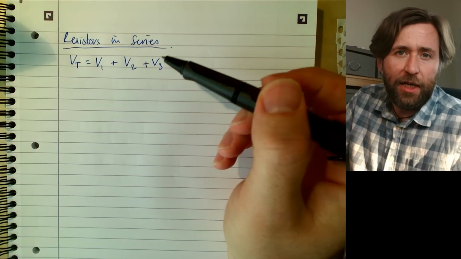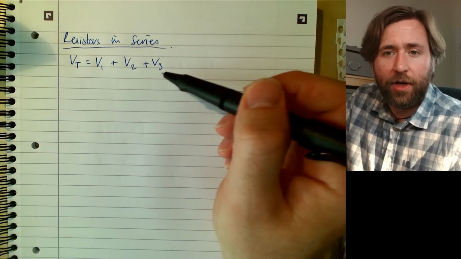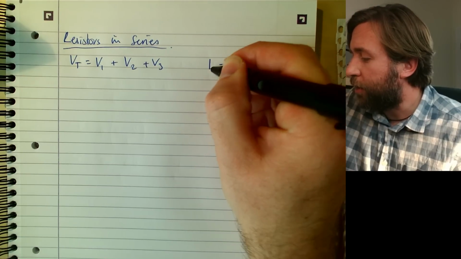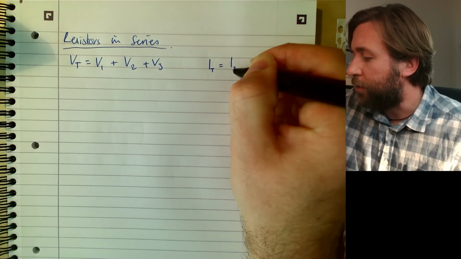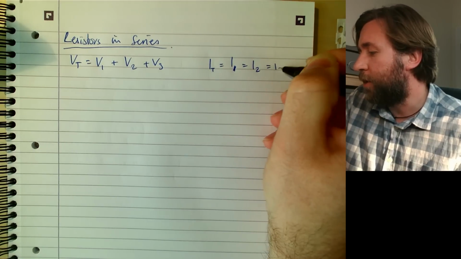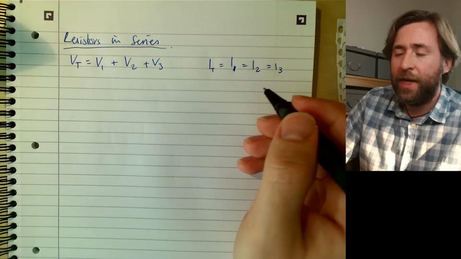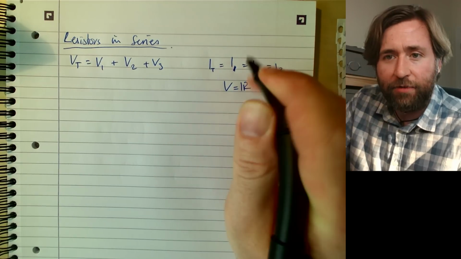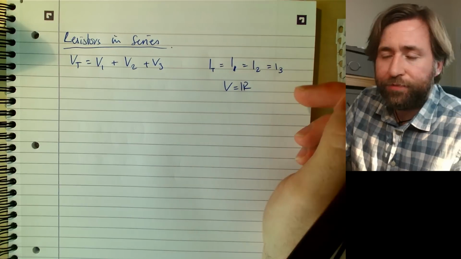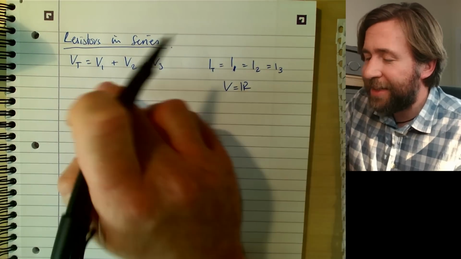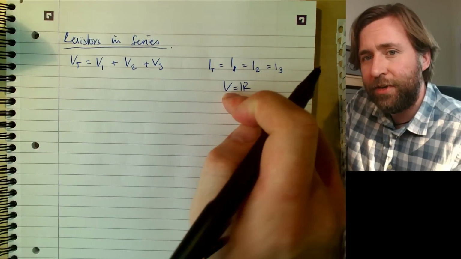So this is like how potential dividers work, right? We also know in a series circuit that the current everywhere, the current through the battery, is equal to the current through the first resistor, equal to the current through the second, equal to the current through the third. So all the currents are equal. And we know that Ohm's law is the case everywhere in that circuit, V equals IR. So what we can do then is put this into this equation instead of these V's.